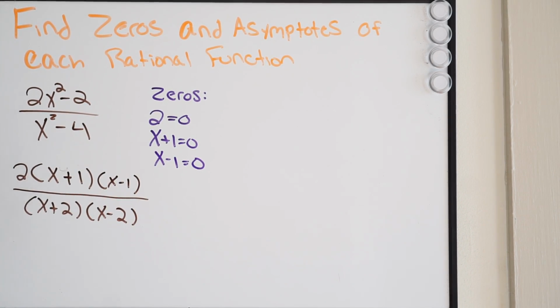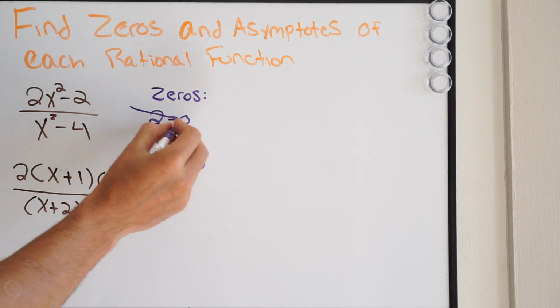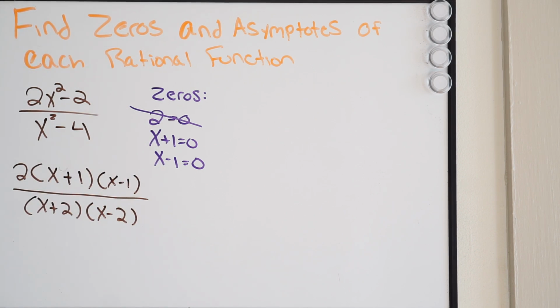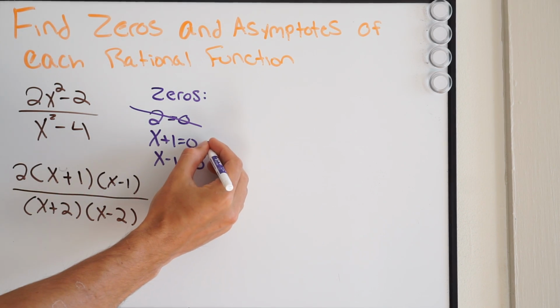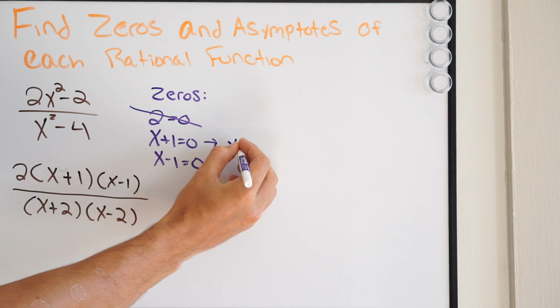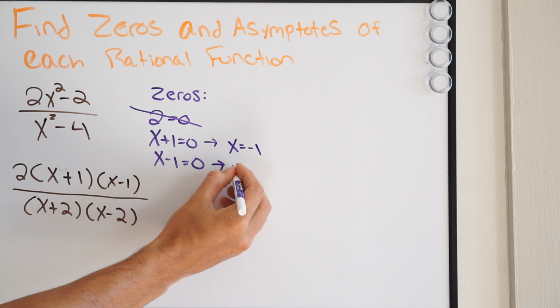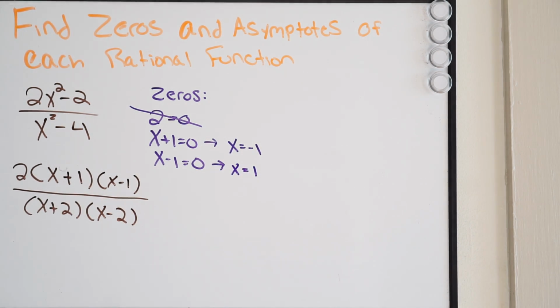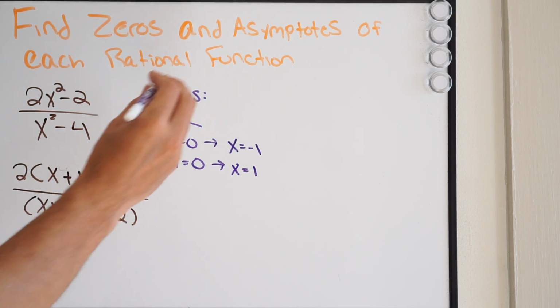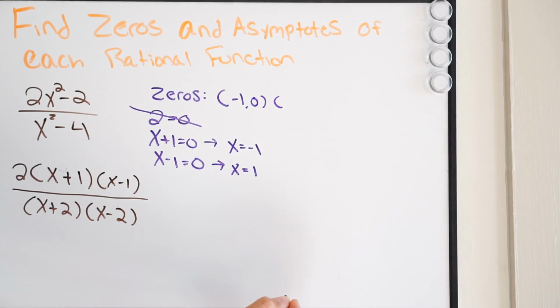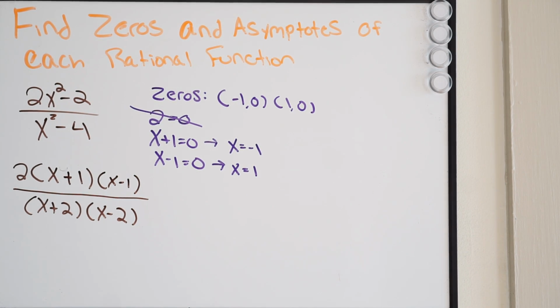Well, 2 equal to 0, there's nothing to solve for there, so this is nullified, right? Doesn't help us. Here though, we have x plus 1 equal to 0, so when we solve this, we'll get x equals negative 1. Okay, same thing here, when we solve this, we'll get x equals 1. Alright, and that's telling us where it's crossing the x-axis, so we can write this as a point. We'll have negative 1, comma 0, and then we'll have 1, comma 0. Again, that's where it's crossing the x-axis, or the zeros.